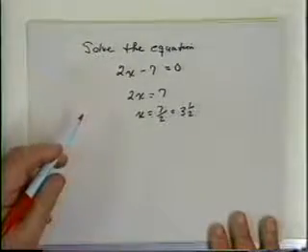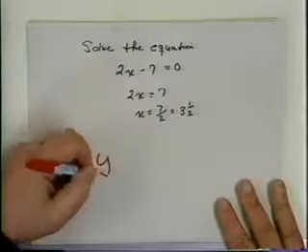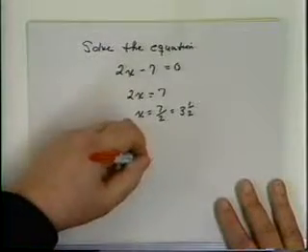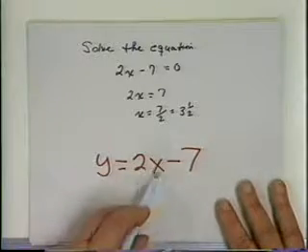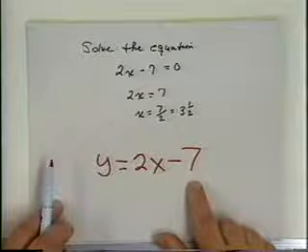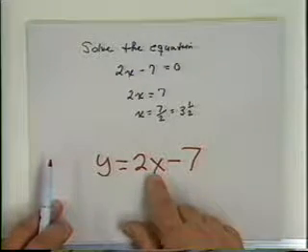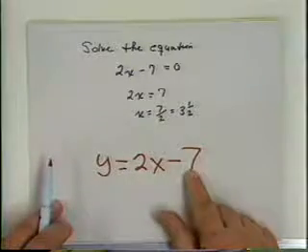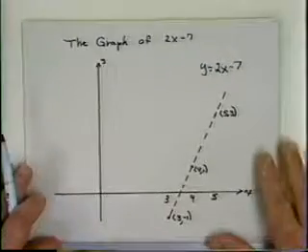Certainly a baby type of question. But what I wanted you to see is, if I didn't know any algebra at all, but knew how to read formulas, could I draw this graph? Y equals 2x minus 7. Sure. In fact, one way of remembering this is what? It's a graph where the slope is 2 and the y-intercept is negative 7. We could draw that. By the way, you don't have to do it that way.